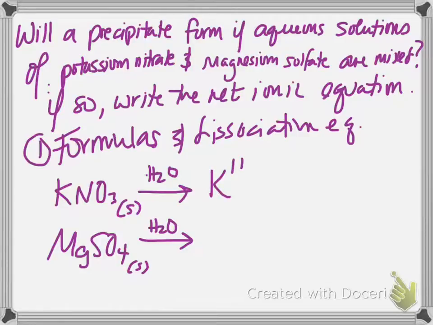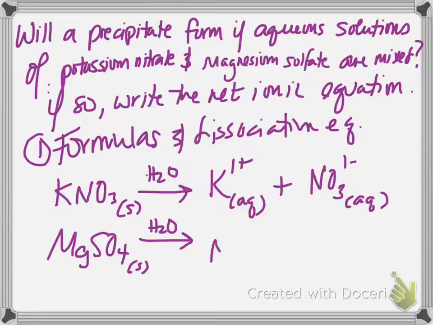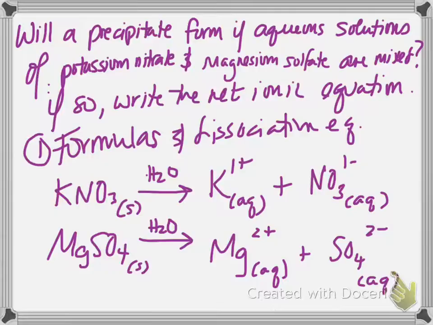We got aqueous solution of potassium ions and some nitrate ions. Dissociate that magnesium sulfate, we get magnesium 2 plus ions plus some sulfate, SO4 2 minus, also in aqueous solution.